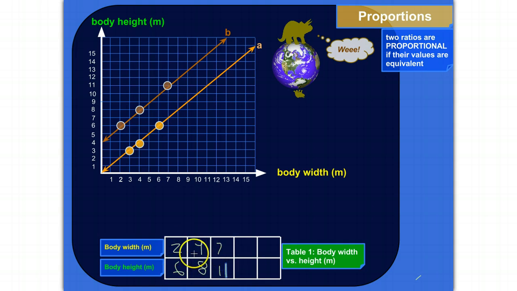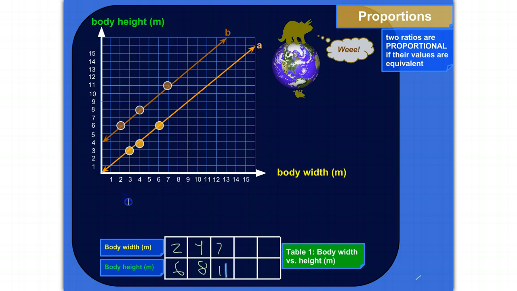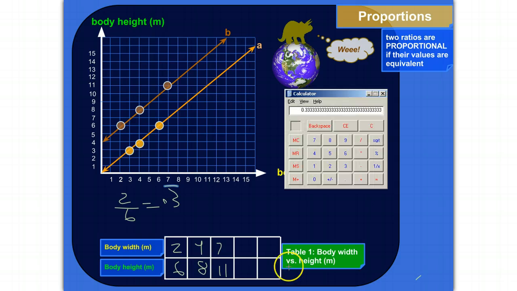So let's find the decimal equivalents of these ratios and see if they're all equal to each other. So 2 divided by 6 equals 0.3 repeating. What about 4/8? 4 divided by 8 is 0.5.